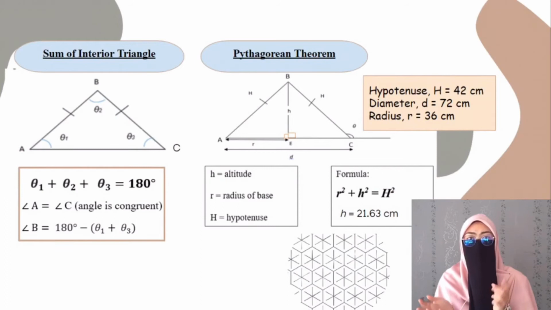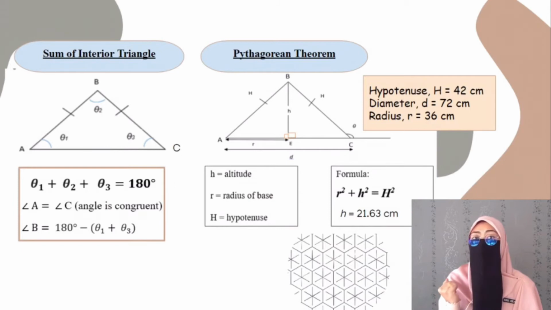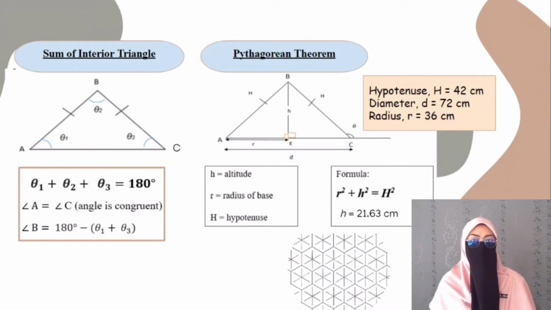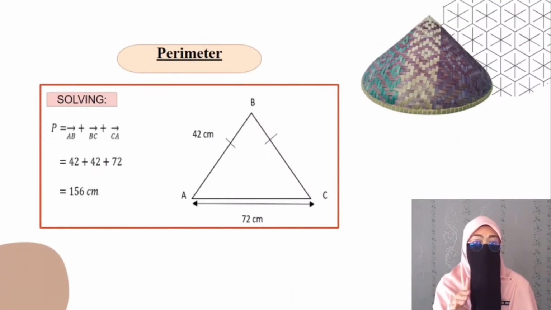For the angles, the two angles opposite the congruent legs are equal. The sum of the interior angles of a triangle is always 180 degrees. To define the angle of B, we must go through the process of subtraction. To define the value of the altitude, we must use the Pythagorean theorem, so we can get the value of the altitude.